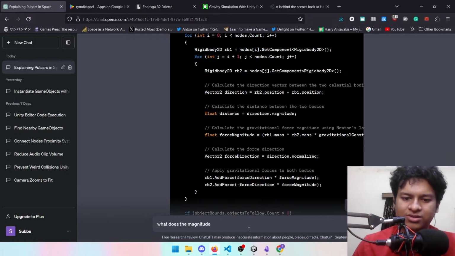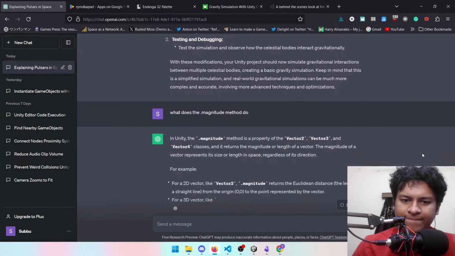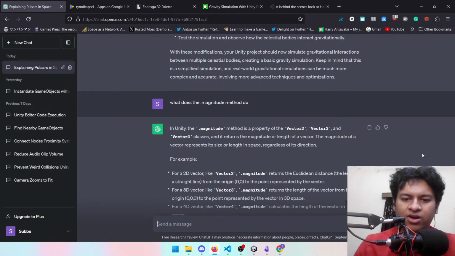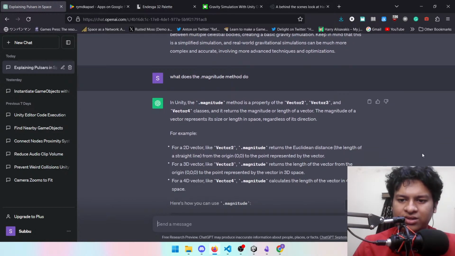What does the length of a vector, the magnitude of a vector, represent? It represents its size or length in space, regardless of its direction, from the origin to the point represented.